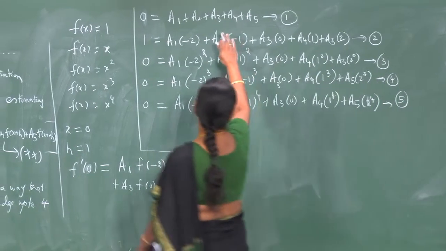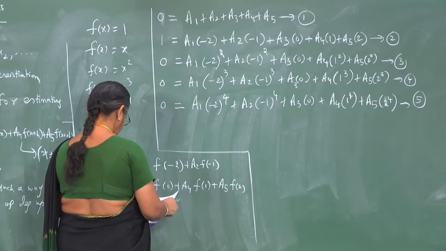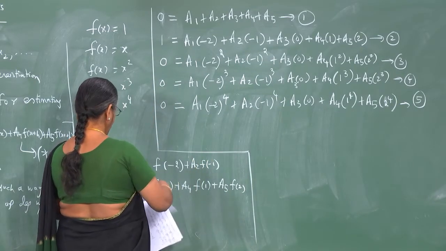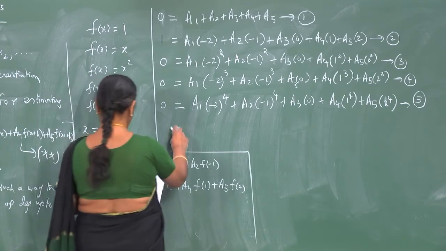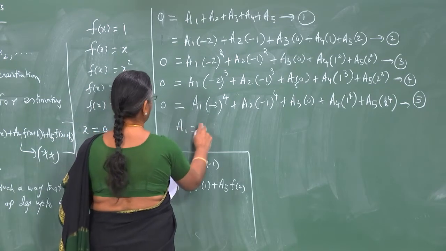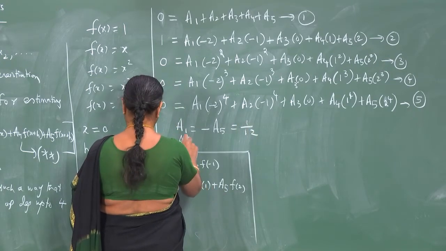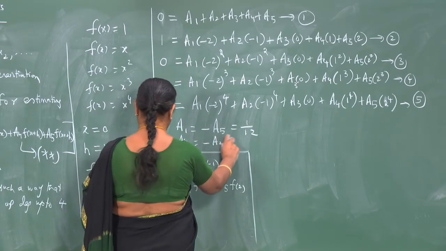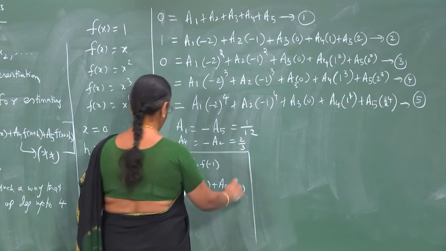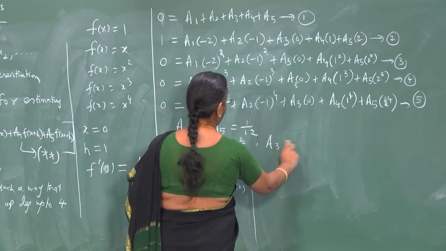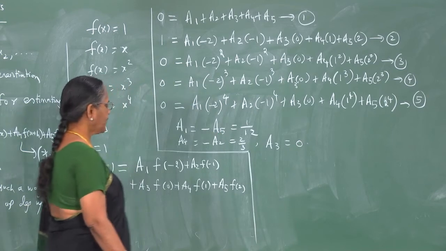So, when you solve these equations, you end up with the solution as a1 is equal to minus a5 equal to 1 by 12, and a4 is minus a2, and that turns out to be 2 by 3, and a3 is 0.